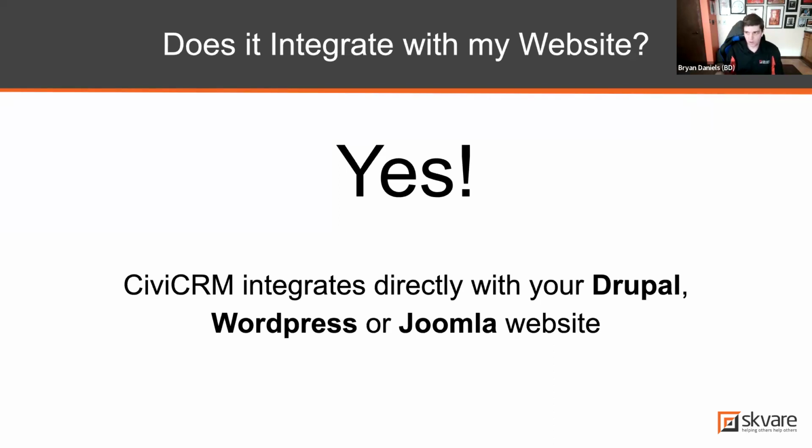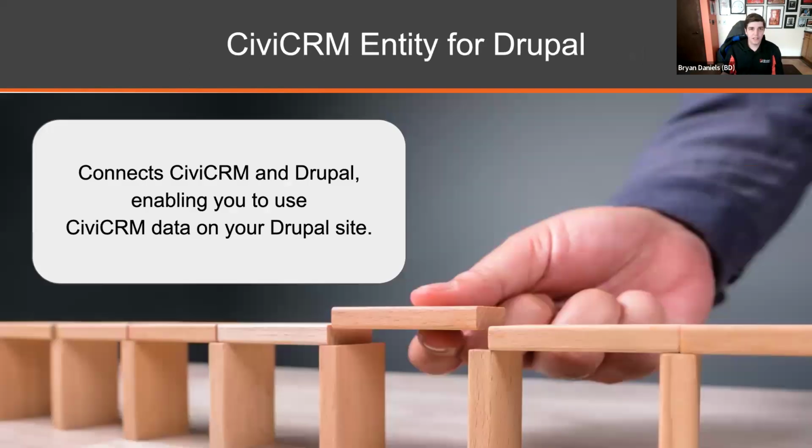We're going to focus on Drupal today. The main reason for that is CiviCRM Entity. CiviCRM Entity is a module for Drupal and CiviCRM that connects CiviCRM with the Drupal website.